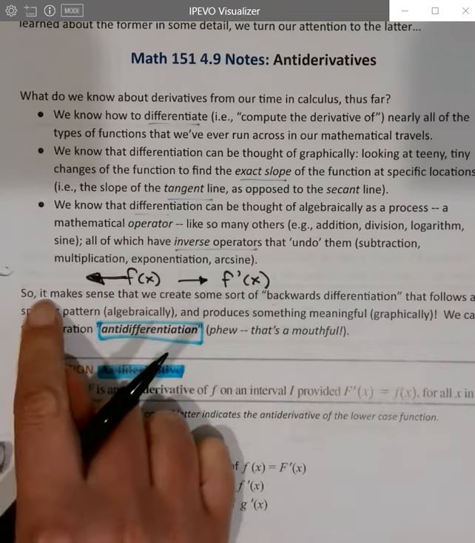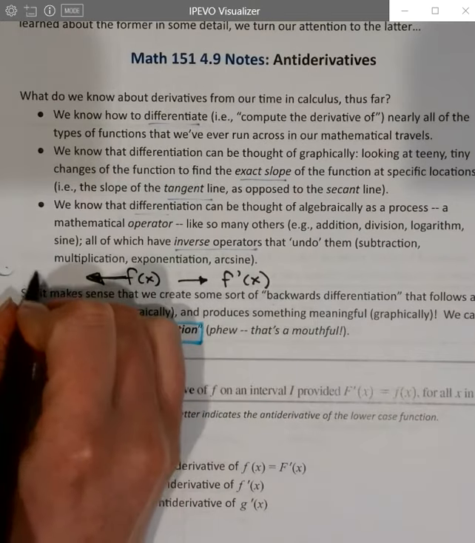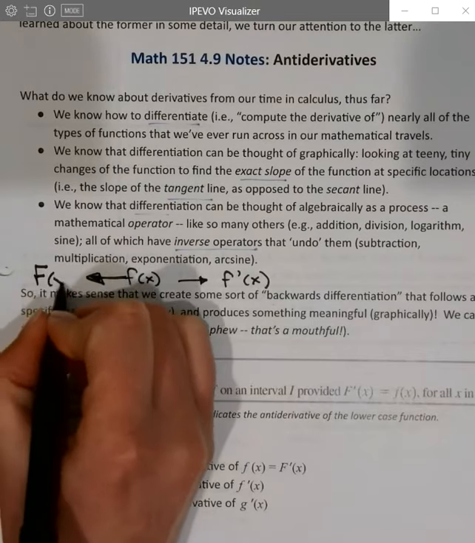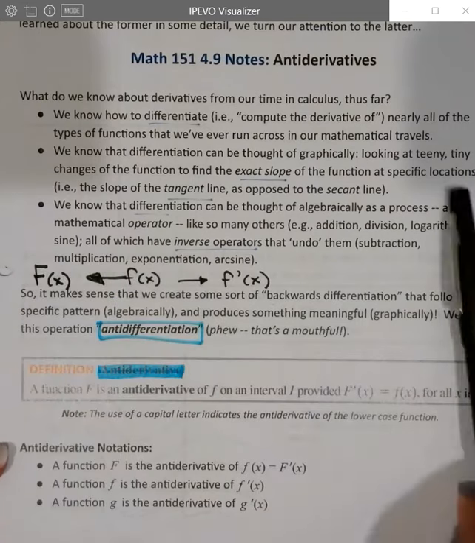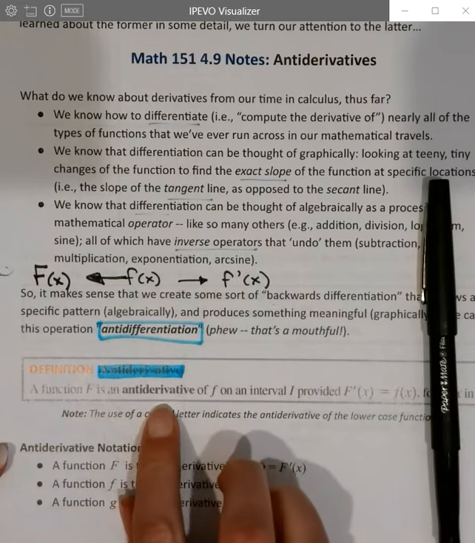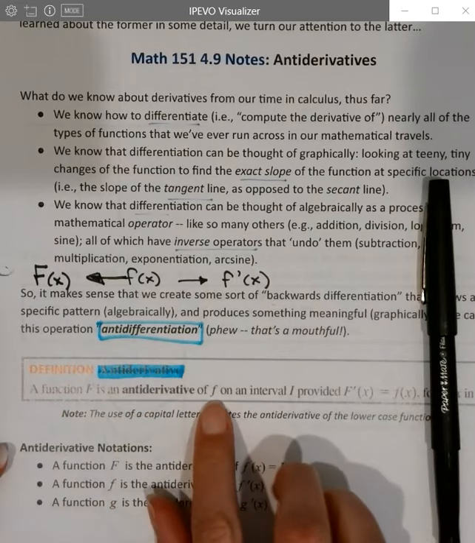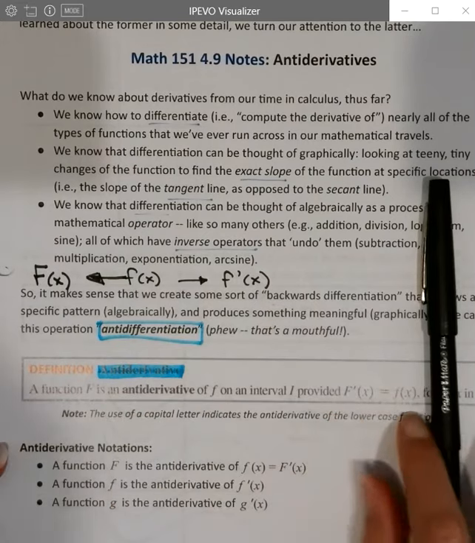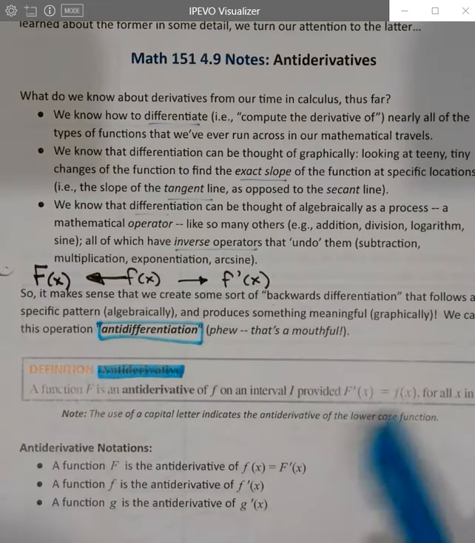It's antiderivative. So its antiderivative might be called capital F of x, is the notation that we use right here. So a function capital F is an antiderivative of little f, provided that capital F prime is equal to little f. Okay, so capital F's derivative is little f.